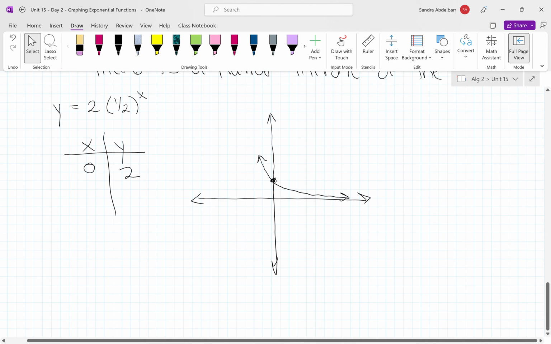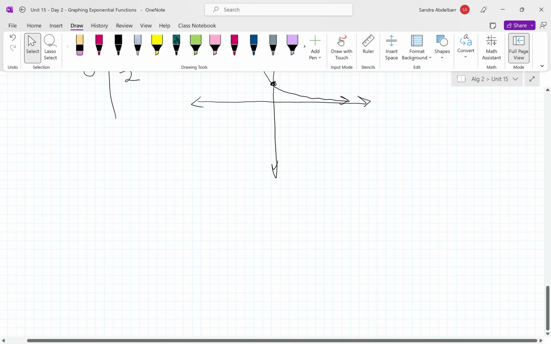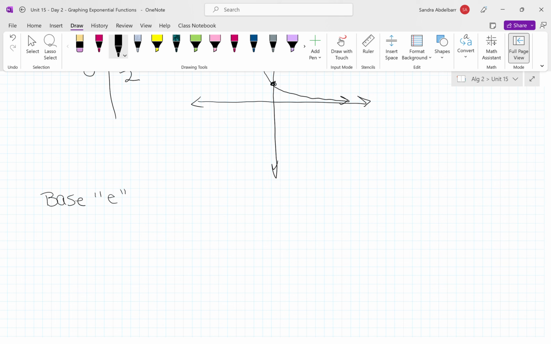Okay, let's talk about when the base is e. All right, so the base e is an irrational number that is equivalent to 2.718.